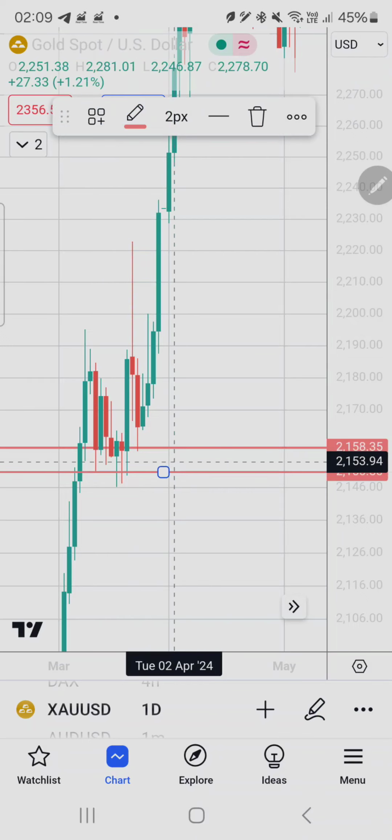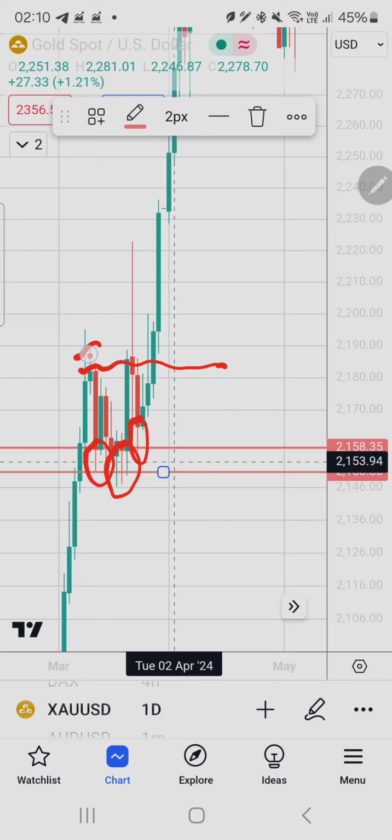Why? Because this is a double bottom. And if you call it a custom model, I won't be wrong. Why? This is the left shoulder, this is the head, and this is the right shoulder.